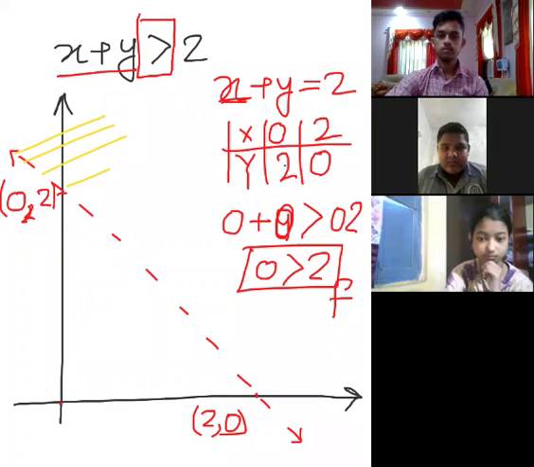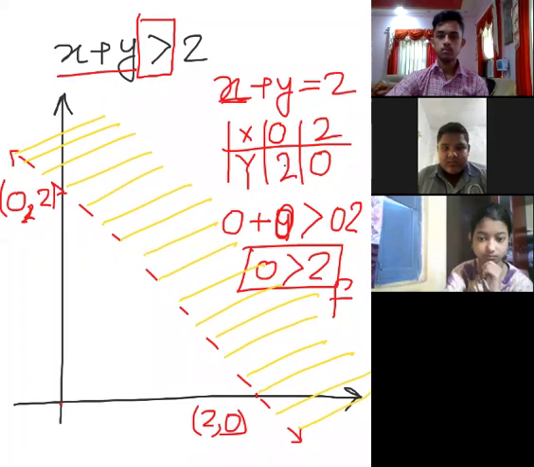So the upper half of the line we are shading. This side is the lower half of the line, and this side is the upper half of the line. We can just give it this name. So the upper half of the line I'm shading, and with this we are able to see the shaded region.